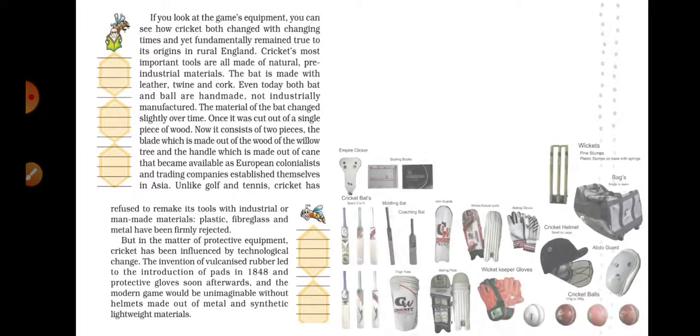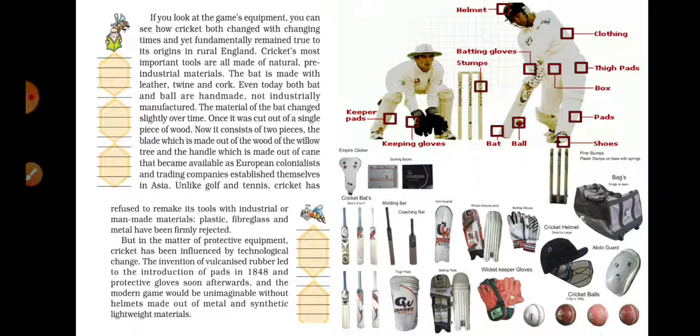You have already seen how the shape of the bat has evolved, and how the ball's size and weight has been fixed. There is another thing also. Still nowadays, as I have already told you, cricket originated in England, in rural England, and till today, cricket stays true to its origin.